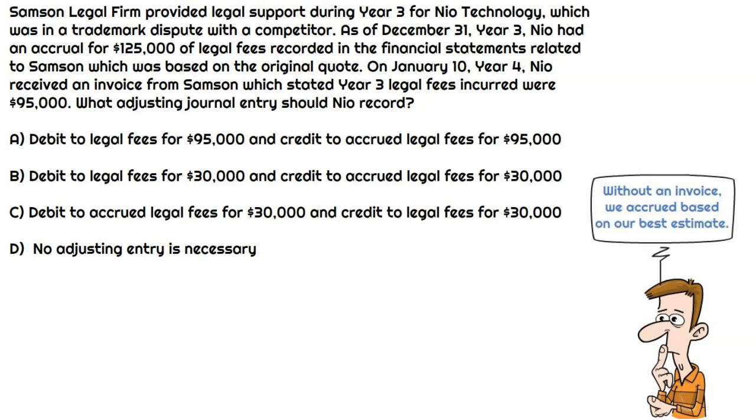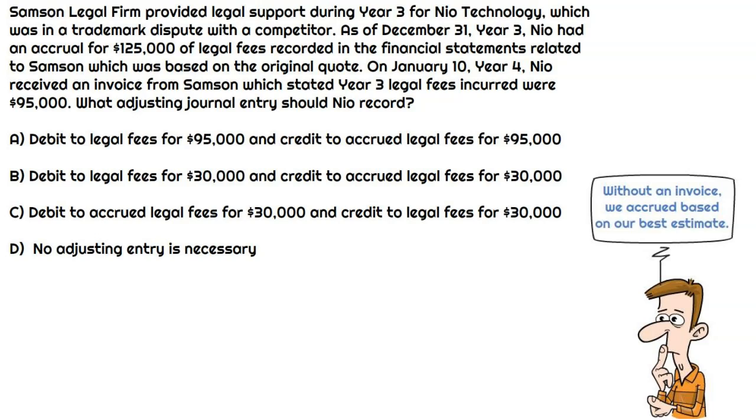And so NIO had an accrual as of December 31st, year 3 for $125,000, right? That's what they believe to be the best estimate for legal fees, and that was based off the original quote. Now, most law firms don't necessarily stick by their original quote because they bill on an hourly basis, right? And we all know they jack up the rate for that.